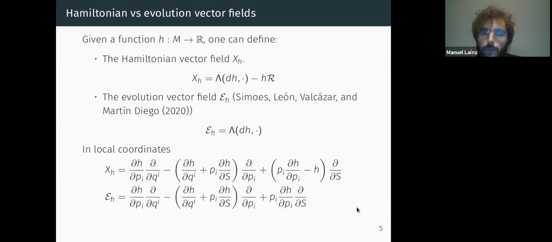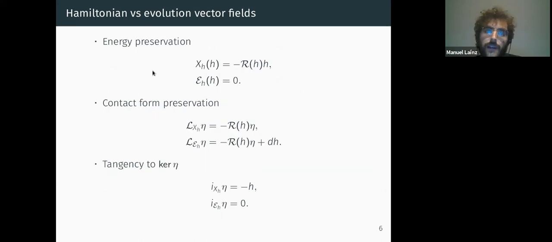Okay, so I will compare the properties of these two vector fields. One property, the Hamiltonian vector field, in general, does not preserve the energy of the system. The energy dissipates along the integral curve of the Hamiltonian vector field. This is with this expression, but the evolution vector field does preserve the energy.